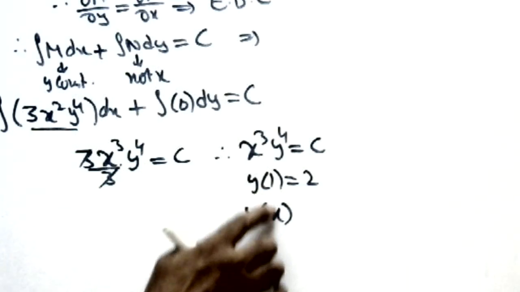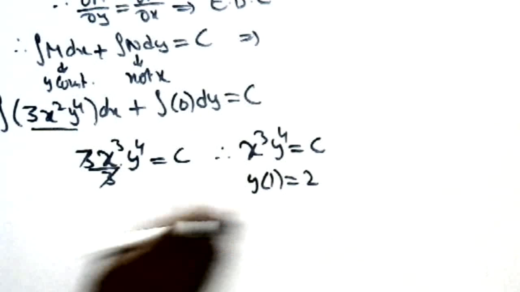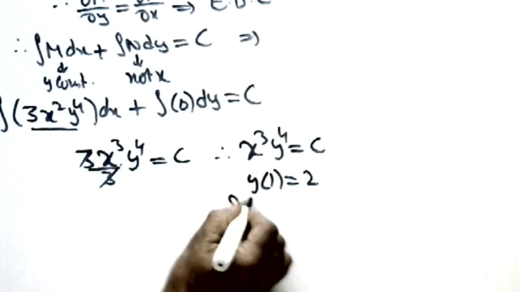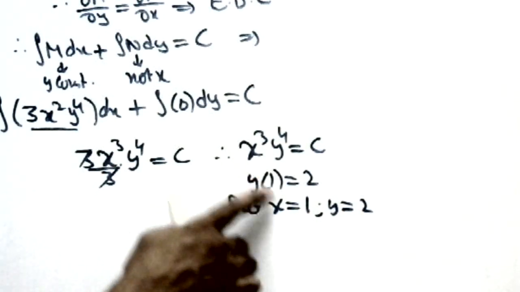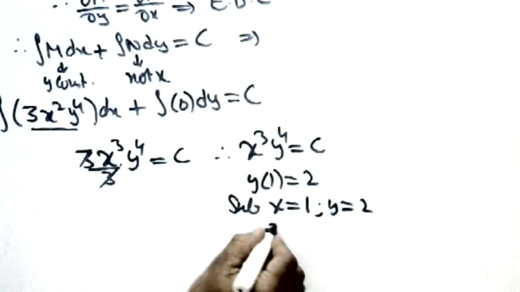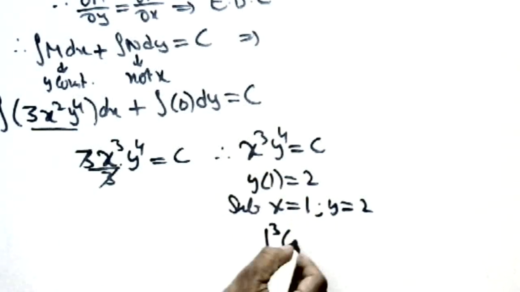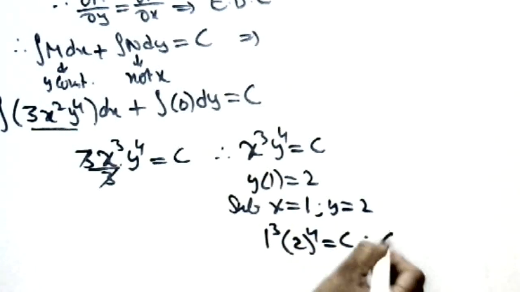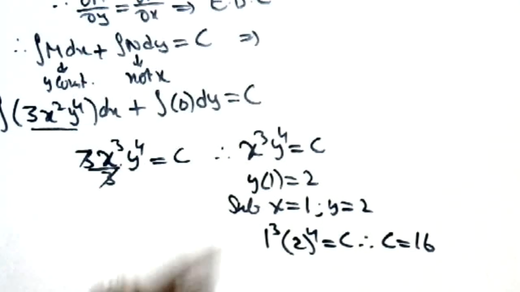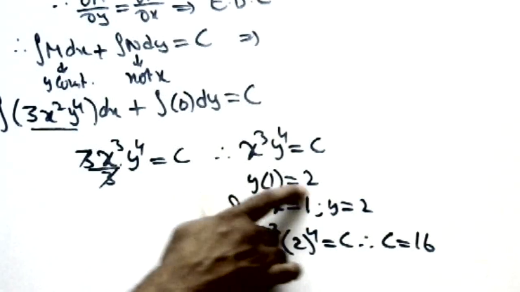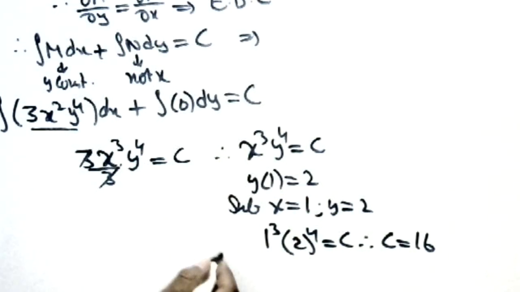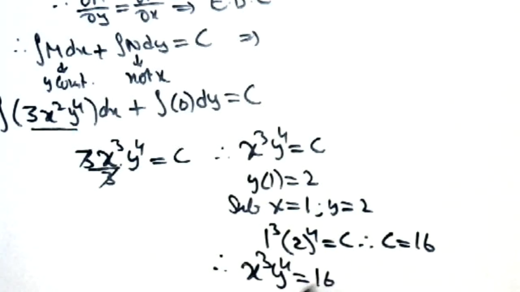Therefore, substitute x equals 1, y equals 2. In place of x, 1 cube, and in place of y, 2 power 4 equals c. Therefore, c equals 2 power 4, which is 16. Got it? This value is the x value, and this value is the y value. So we substitute here and we get c. Therefore, the solution is x cube y power 4 equals 16.